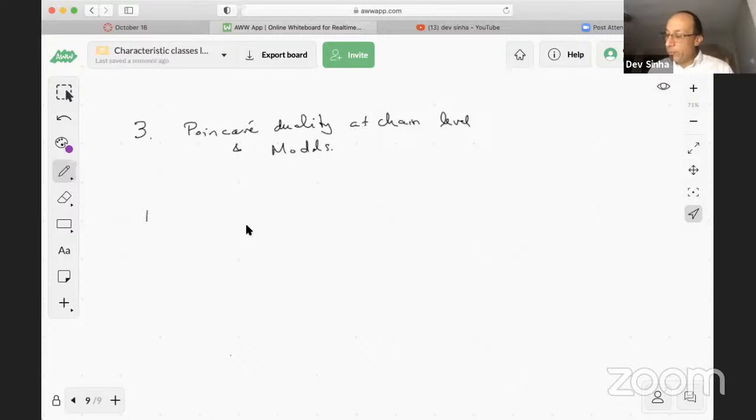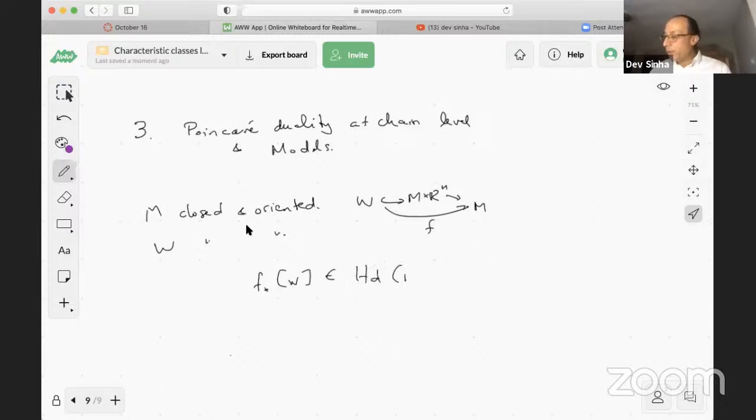So the point is that if M is closed and oriented, and then we have this W with a map to M, again, for convenience for cohomology, we factor it through some map to a fattened up version of M. Then if M is closed and oriented and W is closed and oriented, first of all we would have the image of the fundamental class of W, and that's in the Dth homology, so this is D-dimensional as well.